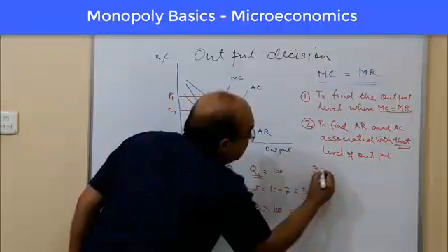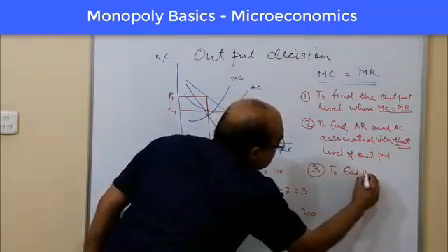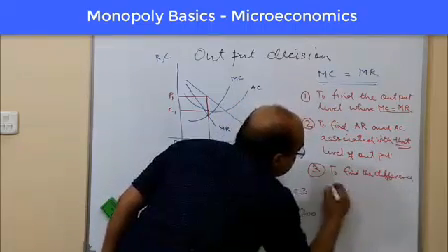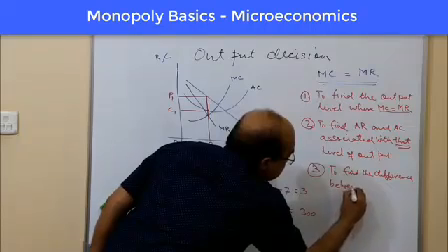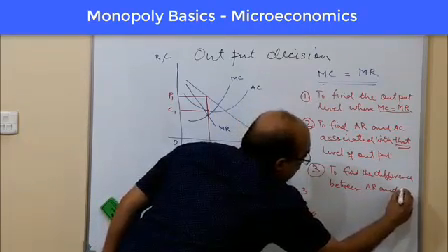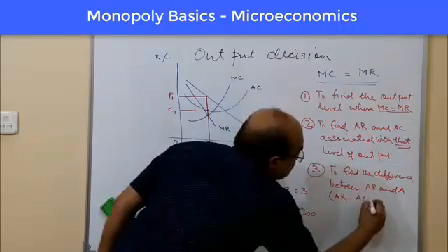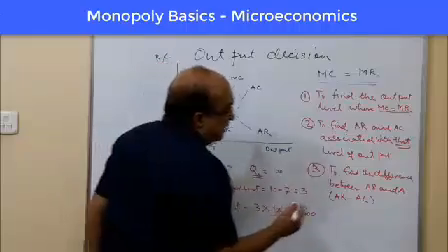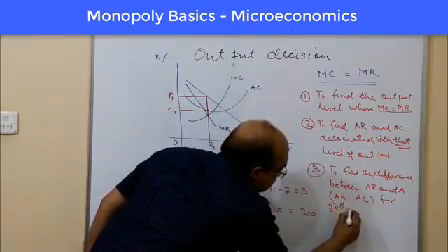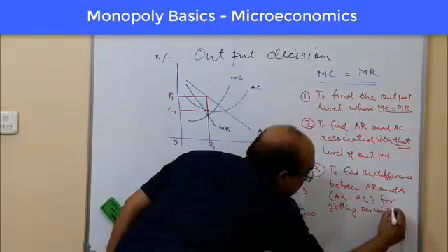And the third stage is to find the difference between average revenue and average cost, that is AR minus AC, for getting per unit profit.